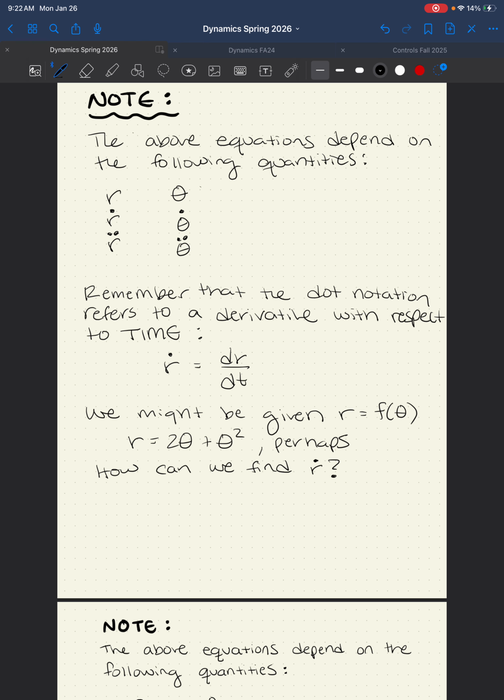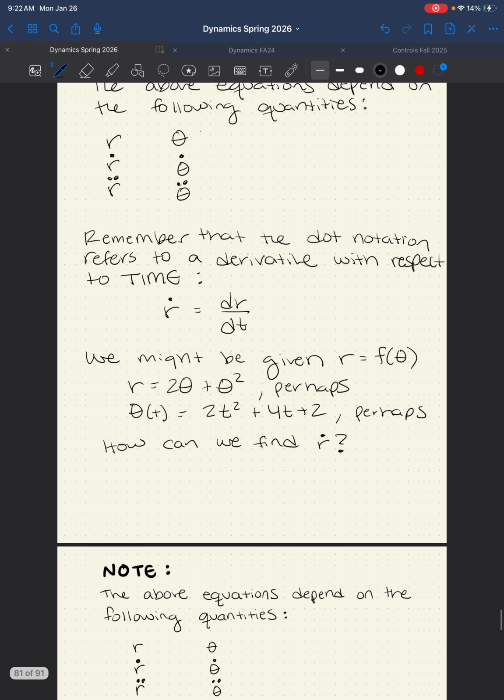Well, what happens is usually these problems will not just give us r as a function of theta, they will then give us also that theta is a function maybe of time. So maybe 2t squared plus 4t plus 2 perhaps. So we need to do the chain rule to find r dot. So if we need to find dr dt, this is equal to dr d theta times d theta dt.